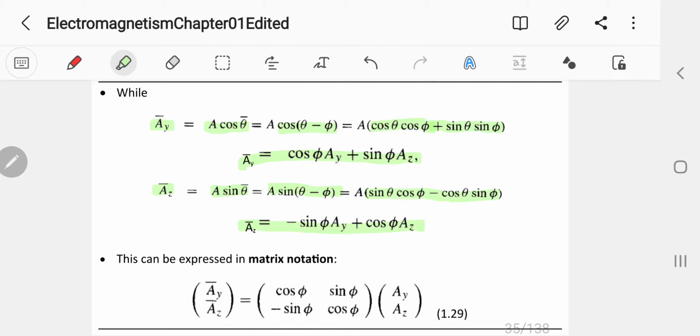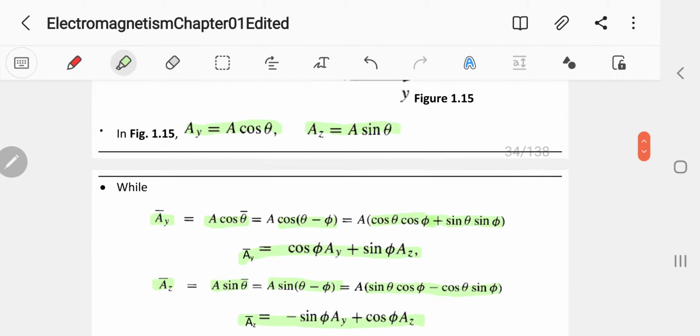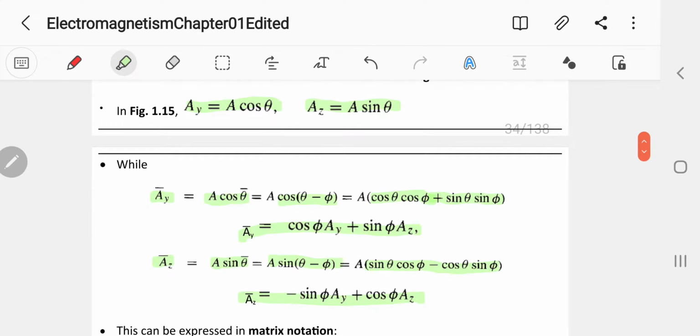So by the way, you have to use the idea that A cosine theta would be AY, and A sine theta would be AZ.